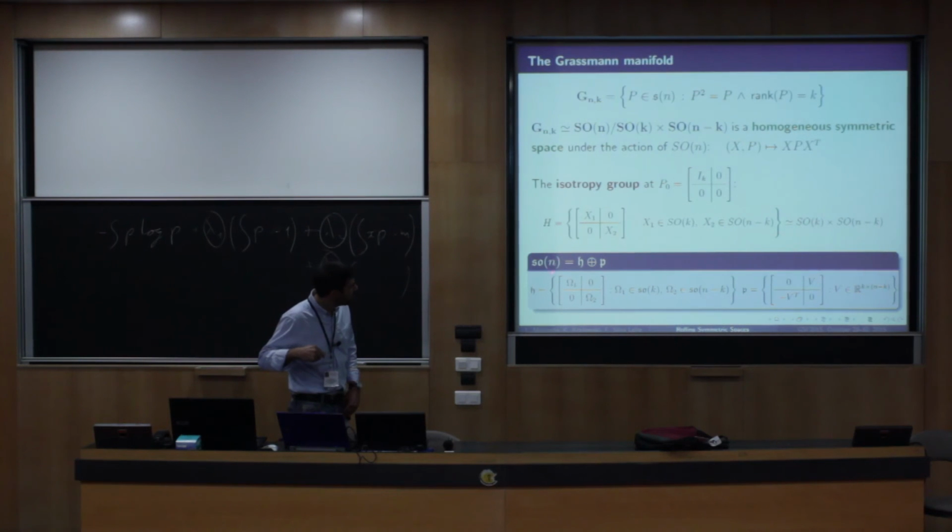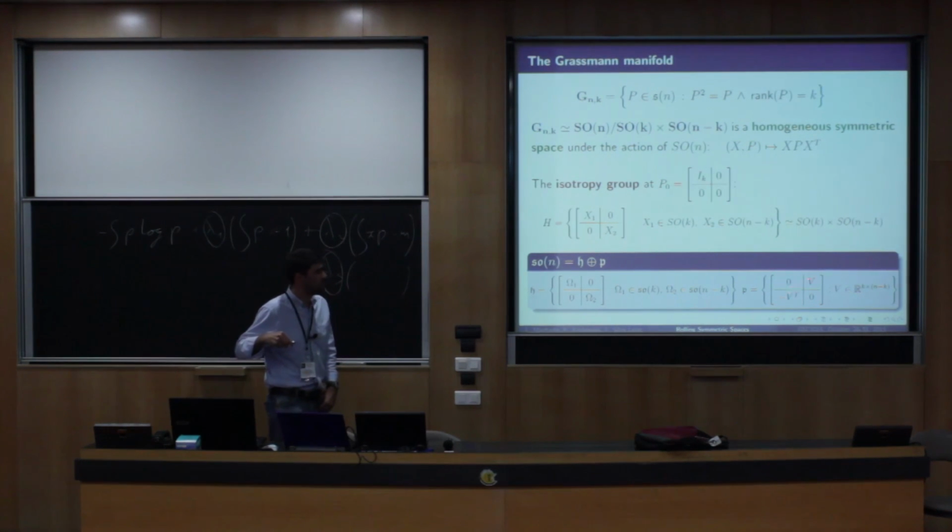And then the decomposition of the Lie algebra associated to the Lie group SO(n) is given by this direct sum, where H is the Lie algebra of the isotropy group, and P is this skew-symmetric matrix, where V is a rectangular matrix.